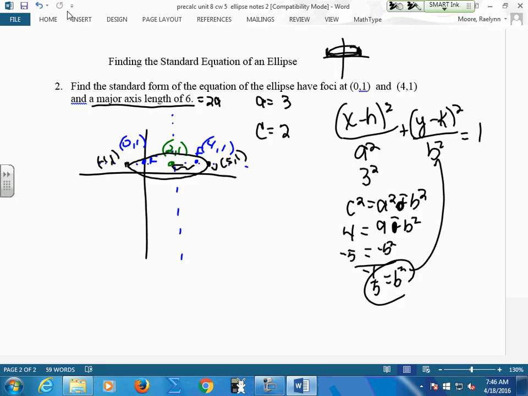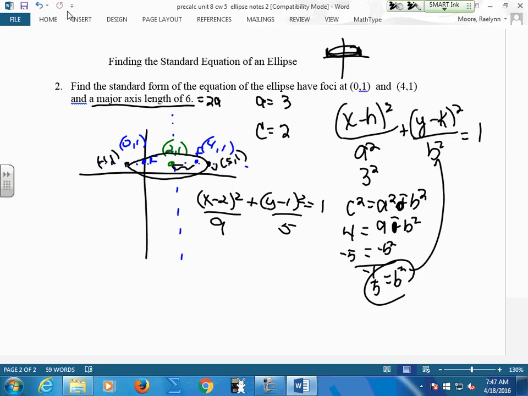So take your vertex now. Here's your vertex. Start like this. A squared is 9. B squared is 5. There's your equation of your ellipse. Work with what they give you.